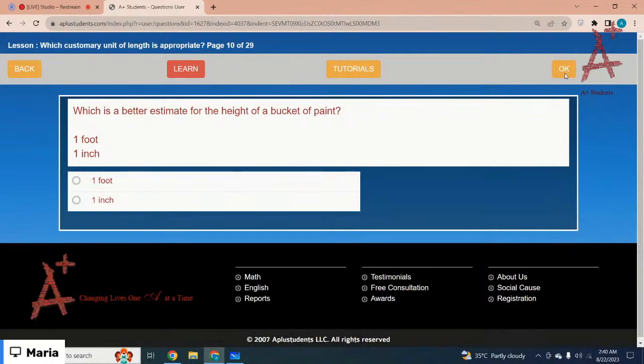Which is a better estimate for the height of a bucket of paint? Bucket of paint would be 1 foot, right? Because 1 inch is too small for a bucket of paint.